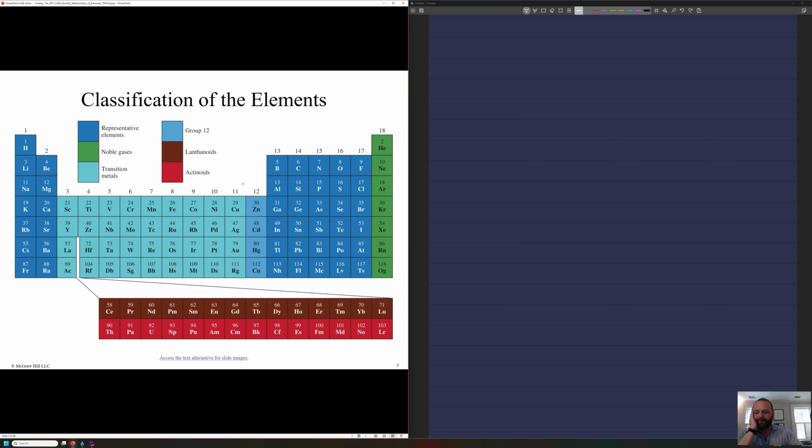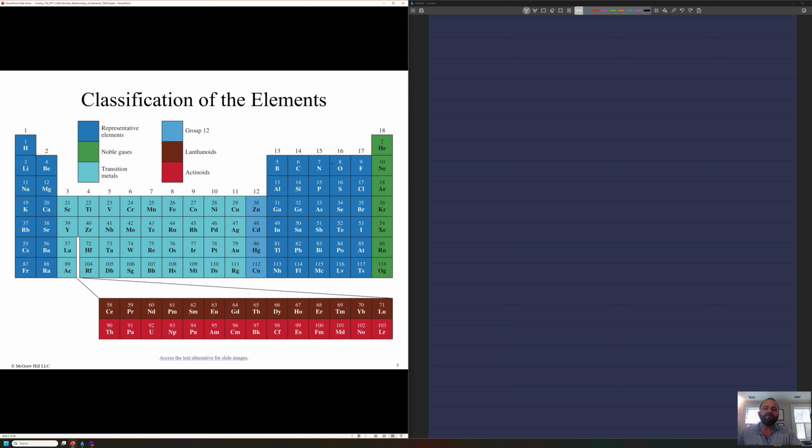But anyway, the representative elements are in dark blue. These are the alkali metals and alkaline earth metals over here. I'm going to make my cursor bigger. Transition metals, group 12, and then 13, 14, 15, 16, 17. This is where a lot of our chemistry is going to happen.